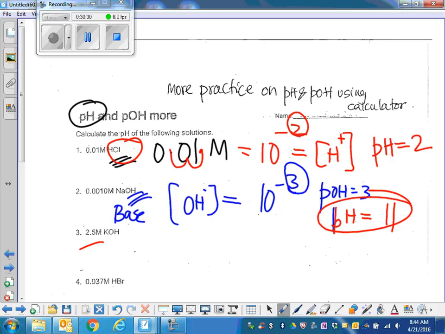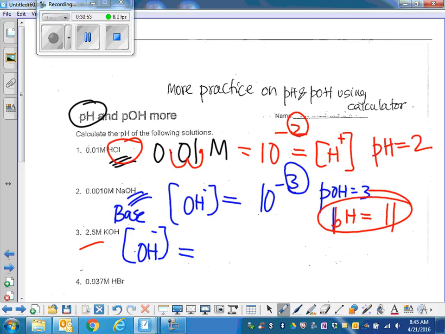Please pull out your scientific calculator. So, this substance is a base. Please get a scientific one that has a log function in it.